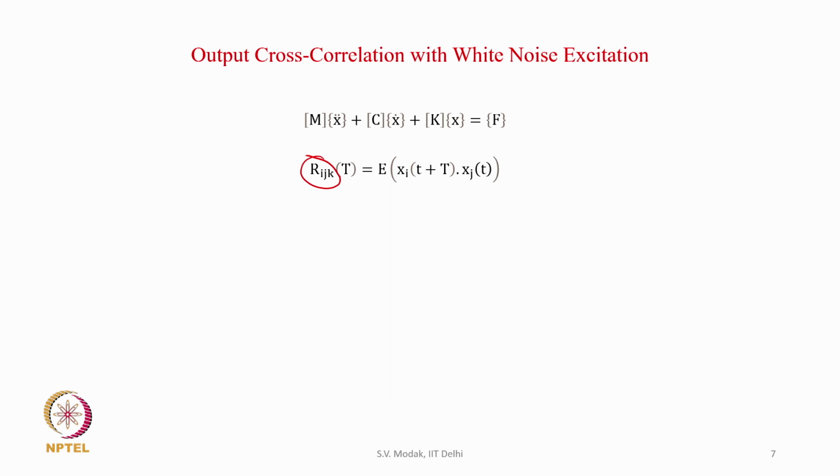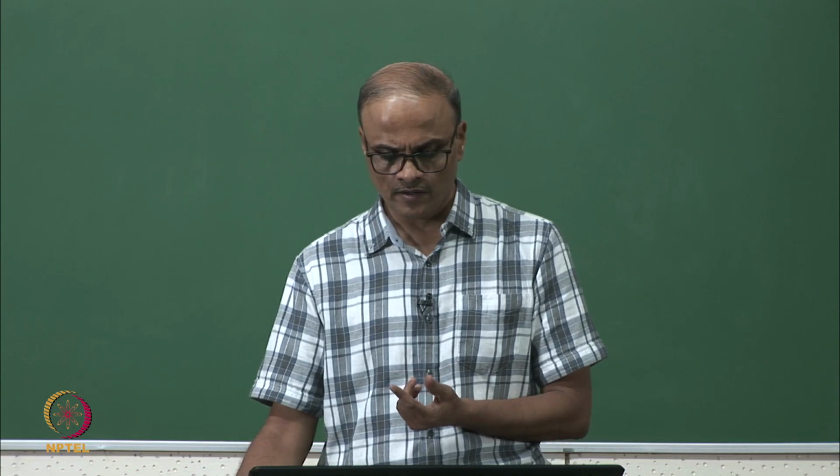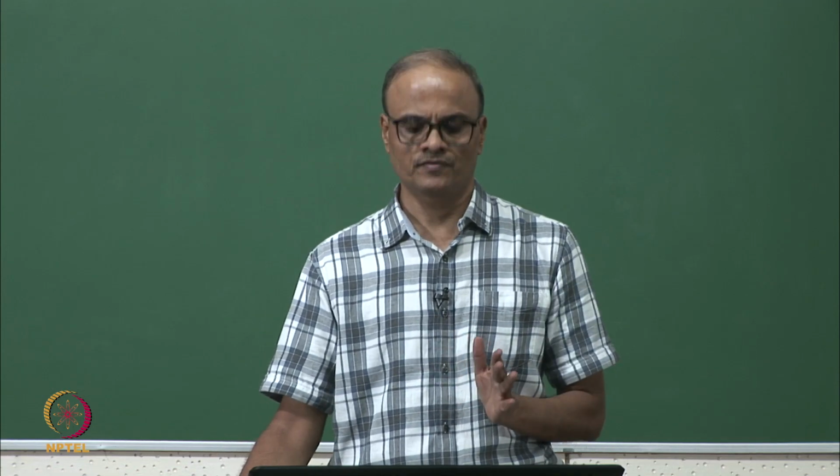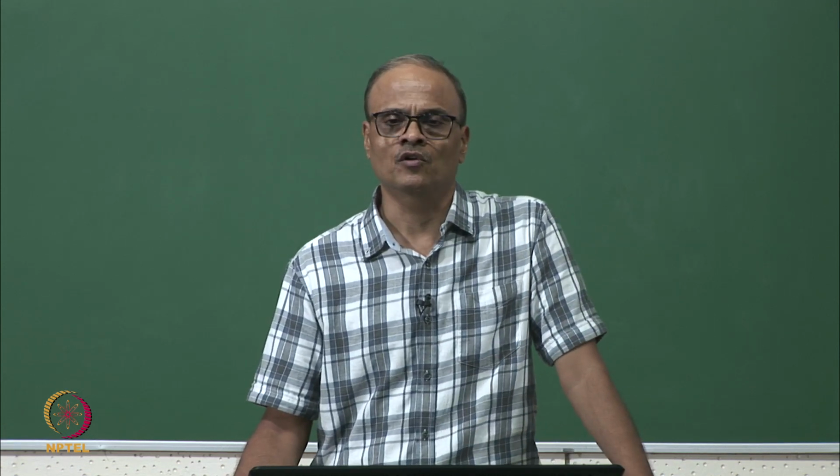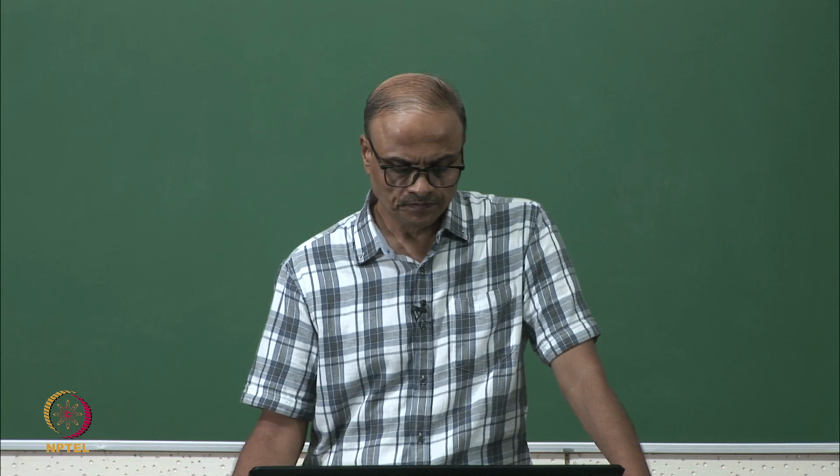The product is taken when the samples of these two signals are displaced by time T, and then we find the average value of this, which is the cross correlation. We have studied in an earlier lecture what cross correlation is and how it is determined.